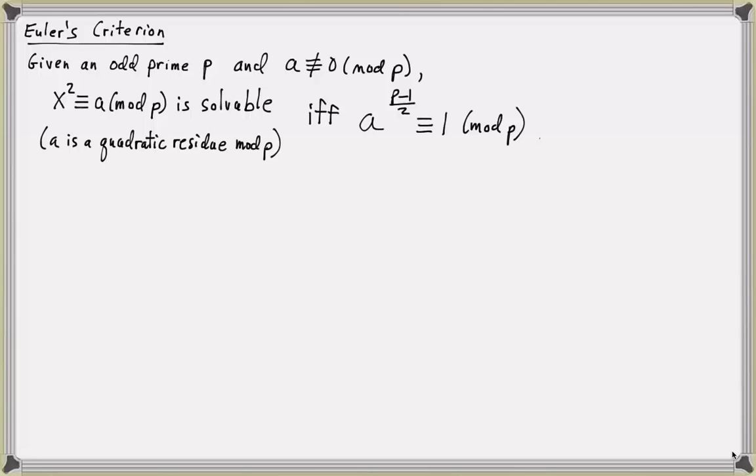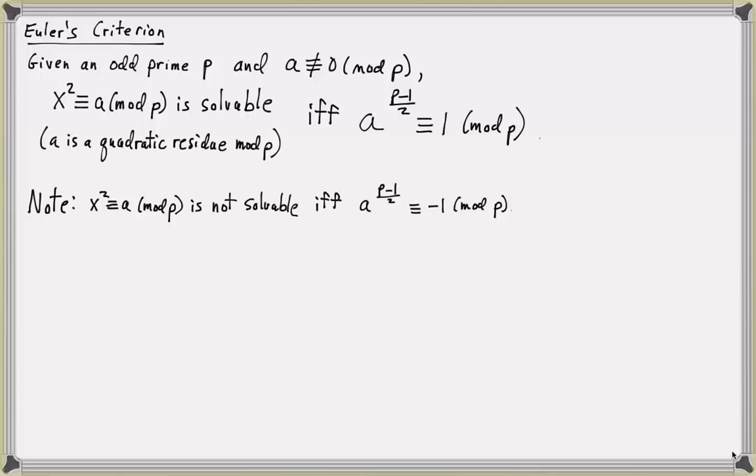So as I just pointed out, if a to the p minus 1 over 2 is not congruent to 1 mod p, then it must be congruent to negative 1 mod p. So we can also say that x squared congruent to a mod p is not solvable if and only if a to the p minus 1 over 2 is congruent to negative 1 mod p.